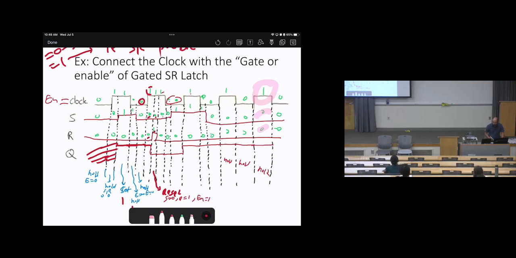Then it will be like this. After that, this is 0, means hold. Then like this. Okay? So that's how we draw it. So you need to be aware how to do these timing diagrams, no matter how tricky it looks. Any questions?